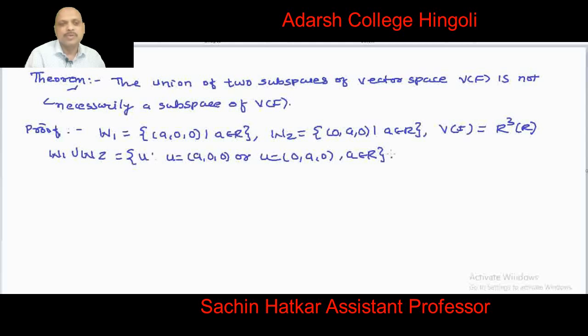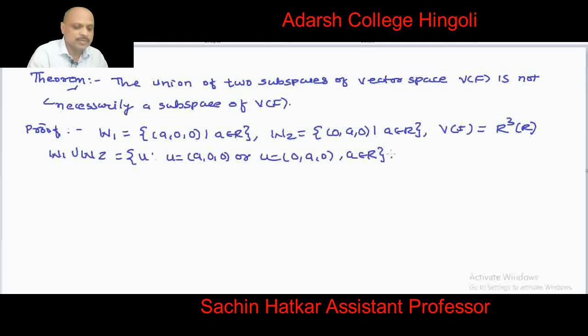In order to show that W1 union W2 is not a subspace, we check the condition alpha u plus beta v belongs to the union.